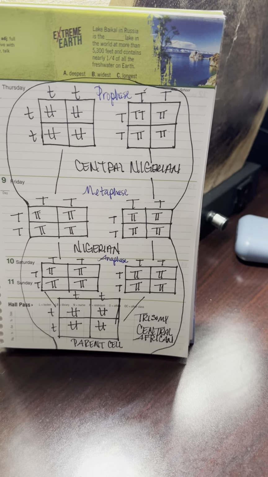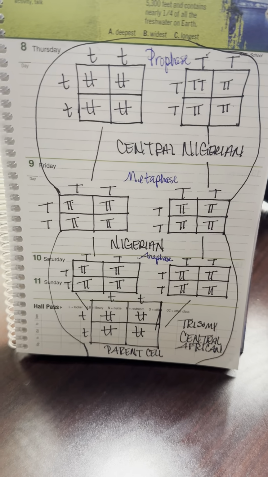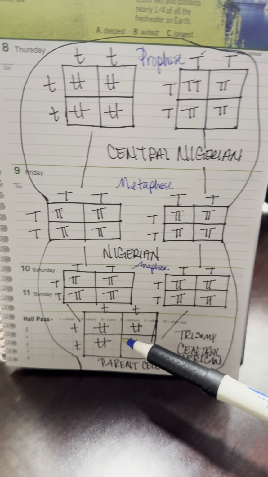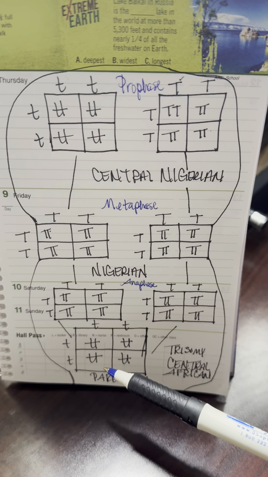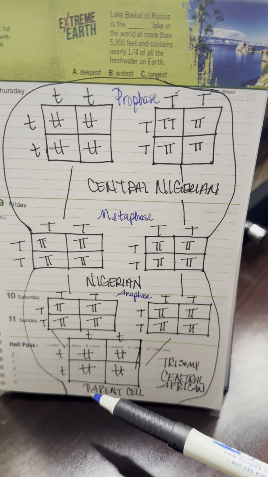As you're able to see here, this is the trisomy. There is a trisomy according to what we were able to find. We were able to define the trisomy of this cell division.